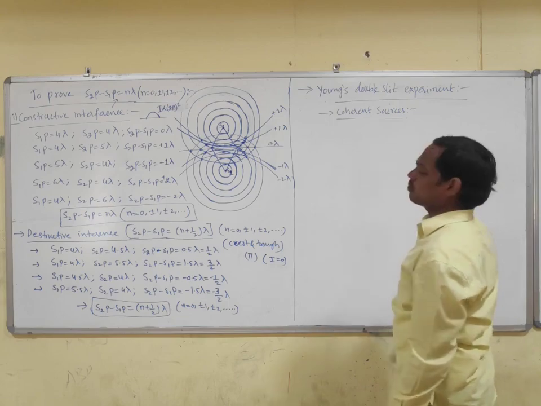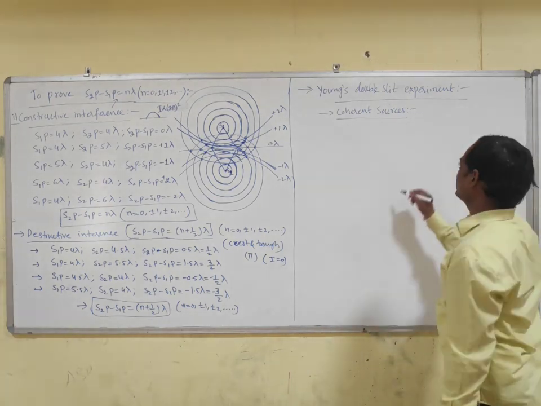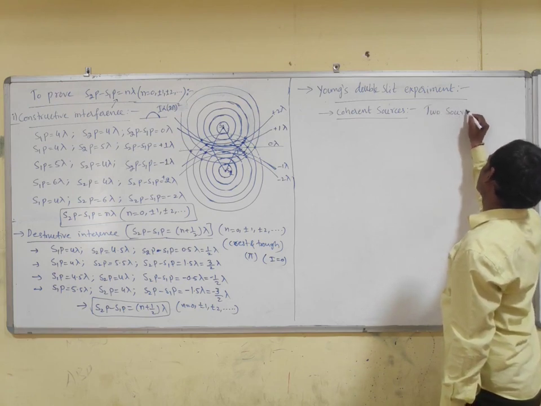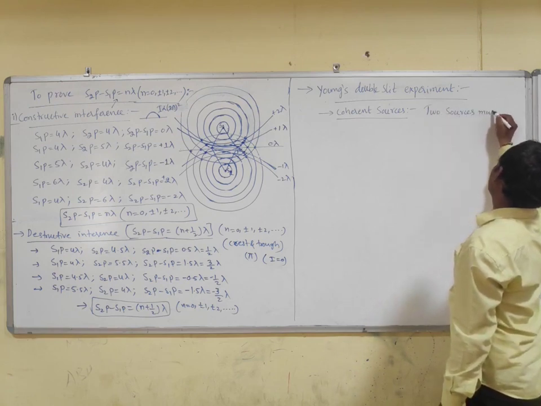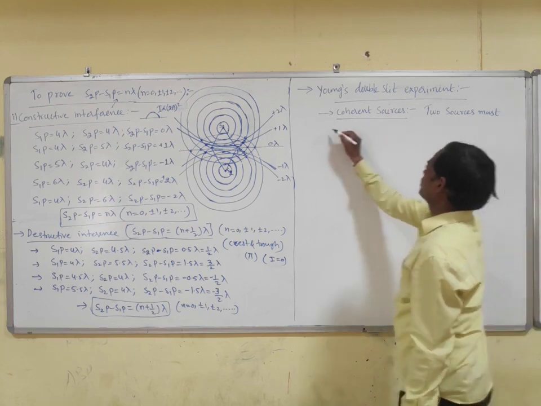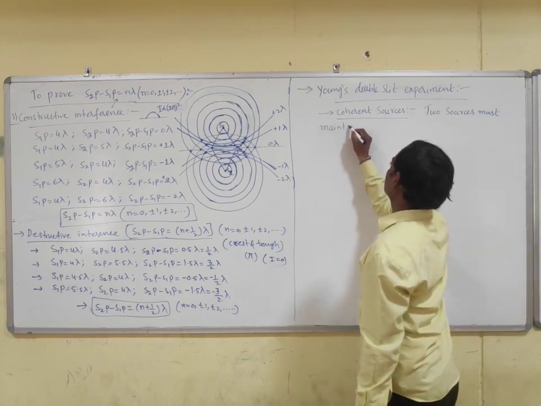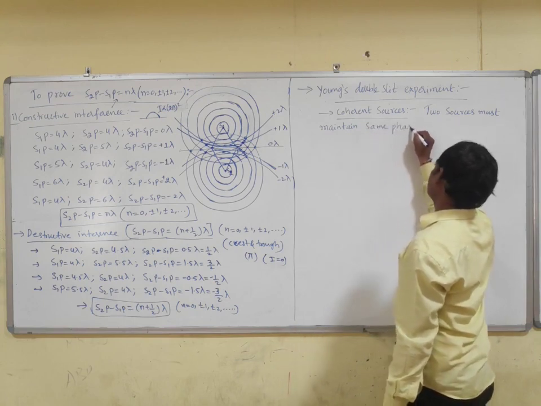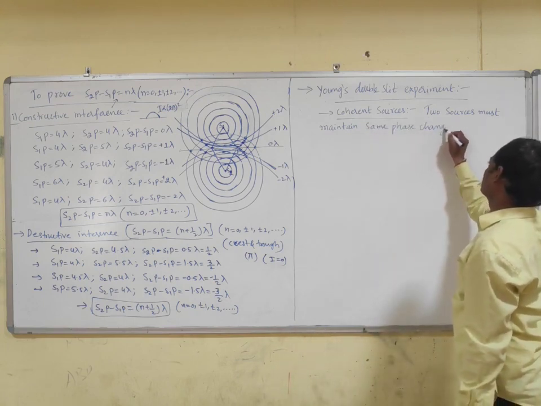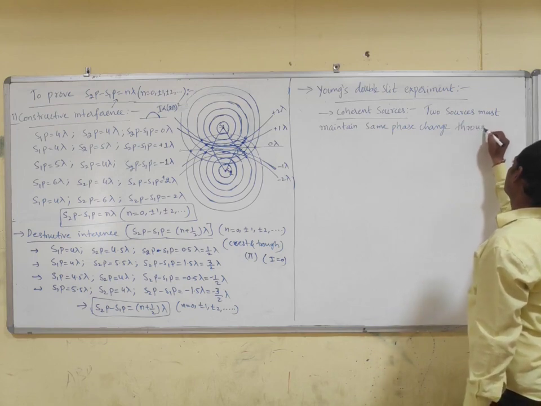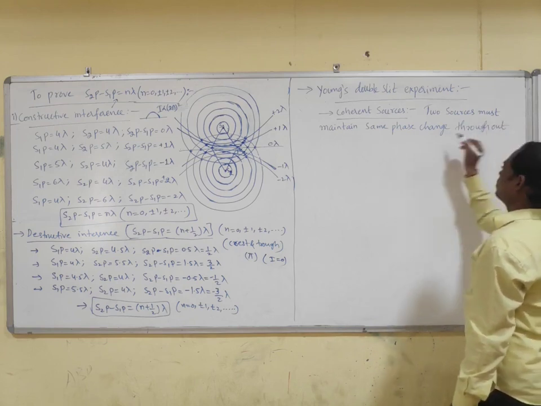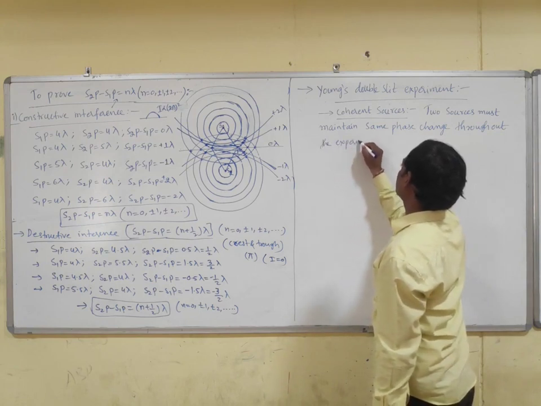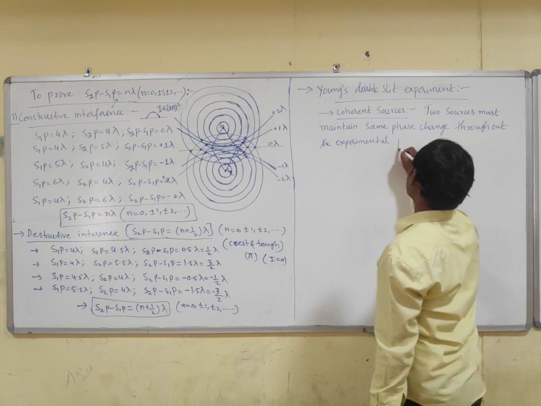So what is the meaning of coherent sources? Coherent sources means two sources must maintain the same phase change throughout the experiment, throughout the experimental procedure.